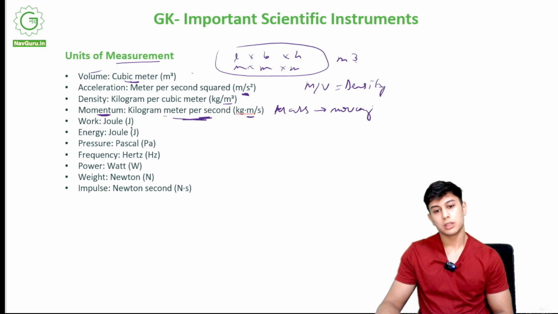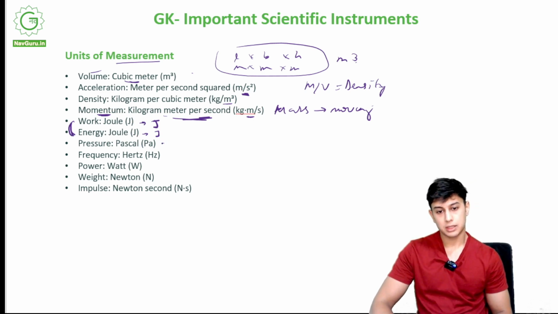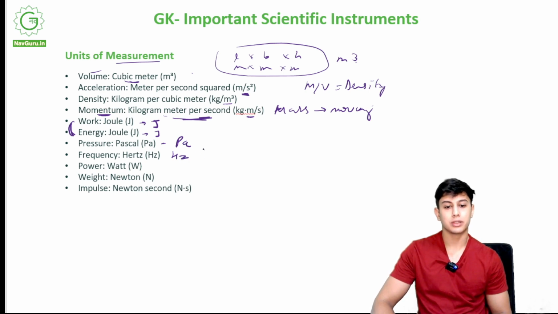What is work? Work done is joule, J. Energy is also in joule. So energy and work done are both the same, joule. Pressure is in pascals, Pa. Frequency is in hertz, Hz, means how many times something occurs.